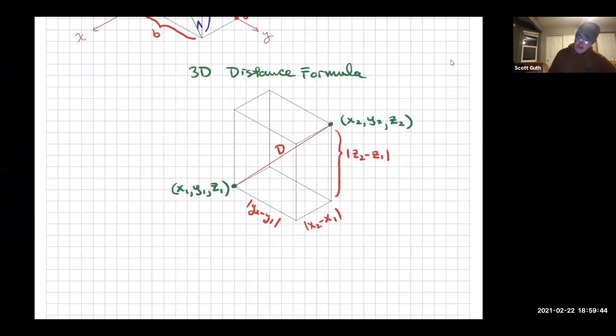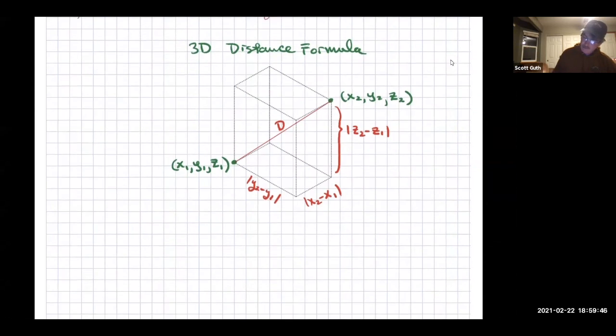Like that. And so the 3D Pythagorean theorem tells us that D squared would be the sum of the squares of the other distances. Like that.